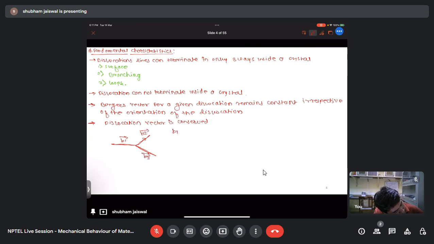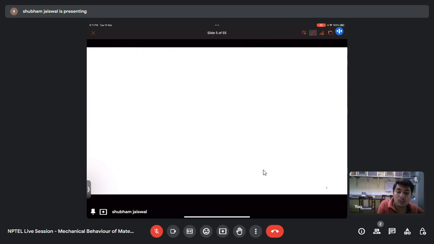So B1 should be equal to B2 plus B3, or we can write that the summation of Burgers vectors should be 0. So this was about the Burgers vector needing to be conserved. After this, we have seen some dislocation properties for edge and screw, and what the conditions are for them; in simple words, we have differentiated the edge and screw dislocation. So let me draw the table.